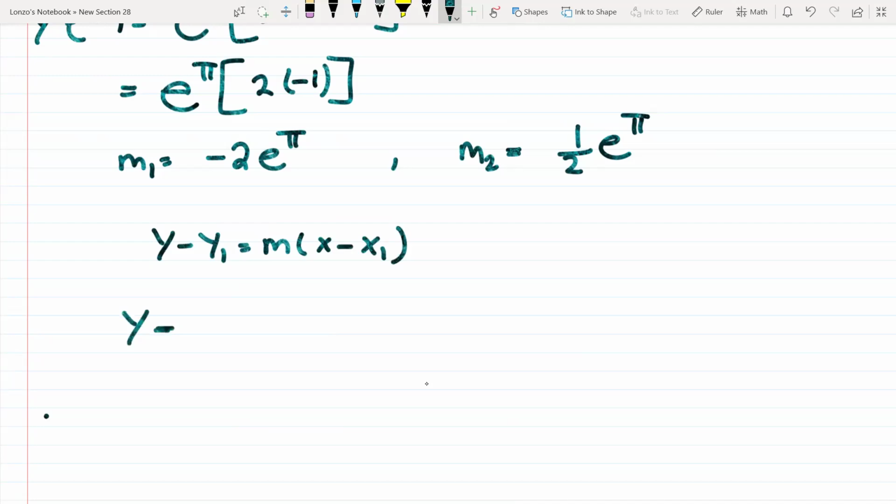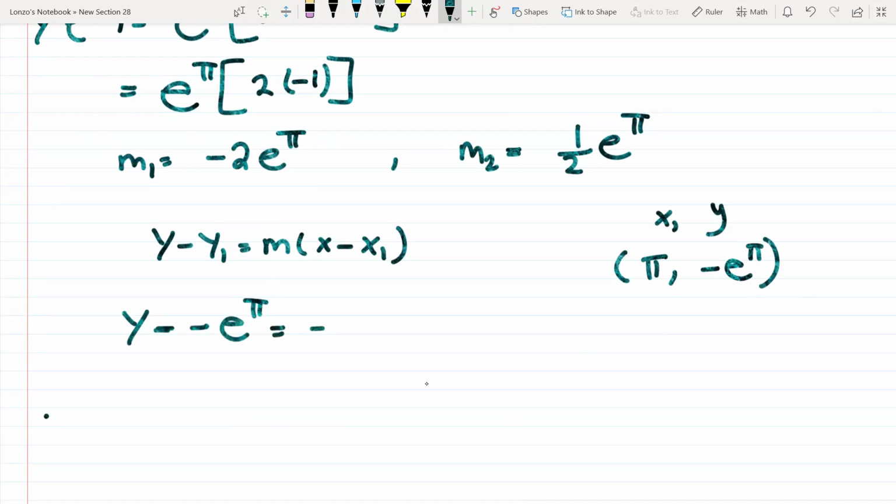Okay, so my coordinate is pi comma negative e to the pi. So what is my y1? Oh, right here, negative e to the pi. So that would be y minus negative e to the pi.